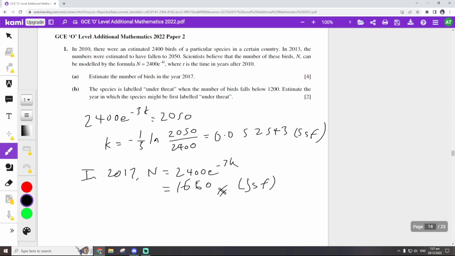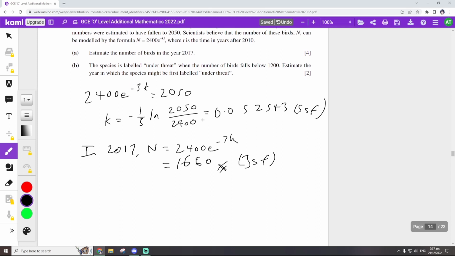The species is labeled under threat when the number of birds falls below 1200. So which year might they first label it under threat? For this part, we let 2400 e to the power of negative kt equal 1200.